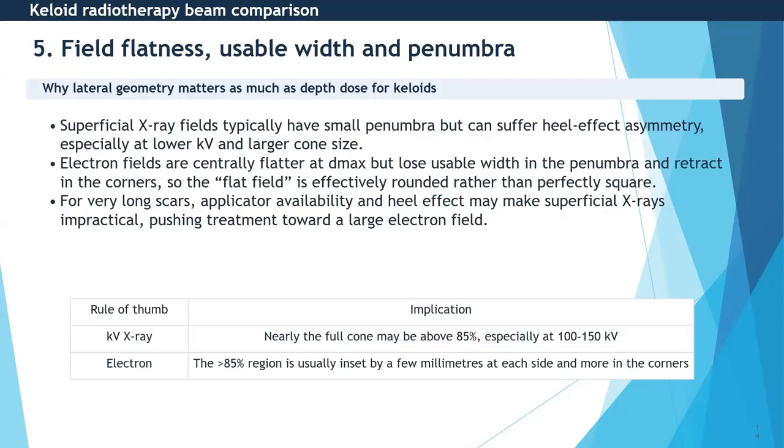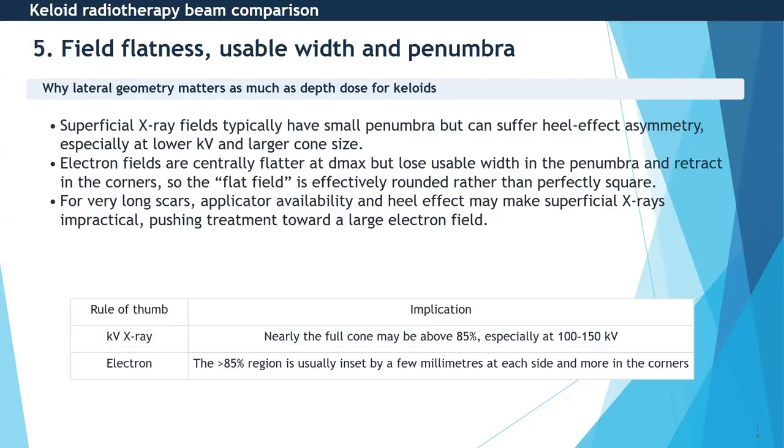The electron beams are centrally flatter at the maximum depth, but lose usable width in the penumbra and retract in the corners. So the flat field is effectively more rounded than perfectly square. And for very long scars, applicator availability and the Heel effect, which is when the X-rays are produced in an X-ray tube, make superficial X-rays impractical, pushing treatment towards a large electron field.